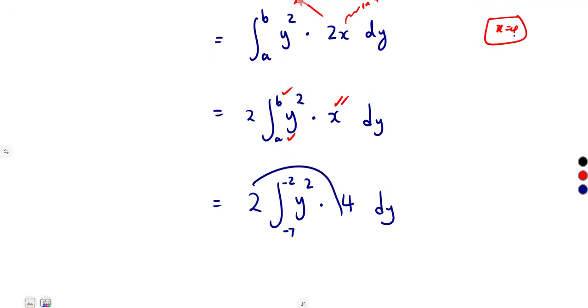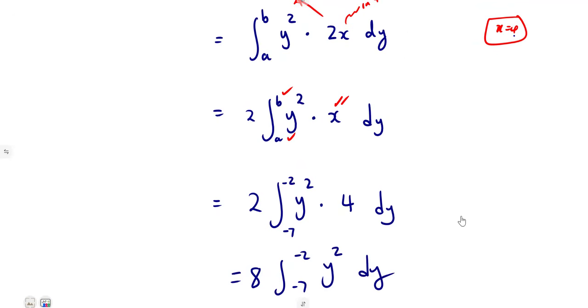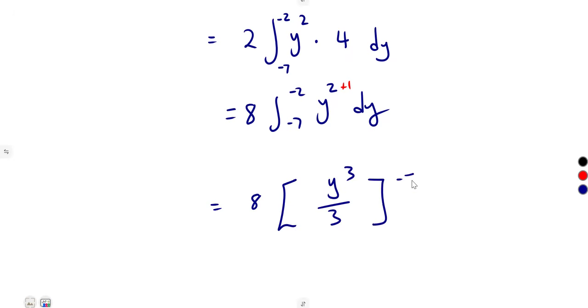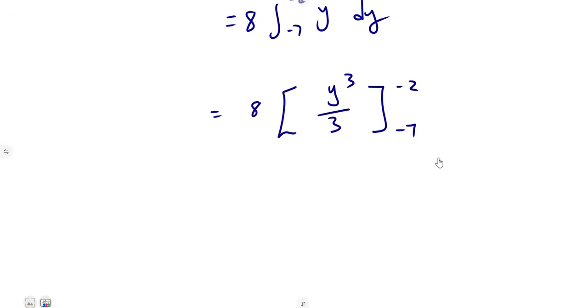Take the 4 outside. 4 times 2, that's 8. We can integrate what is remaining here, guys: y squared with respect to y. Remember integration, add 1, so it is going to be 8 times y to the exponent of 3 over 3 with our limits -2 and -7. I want you to simplify this.